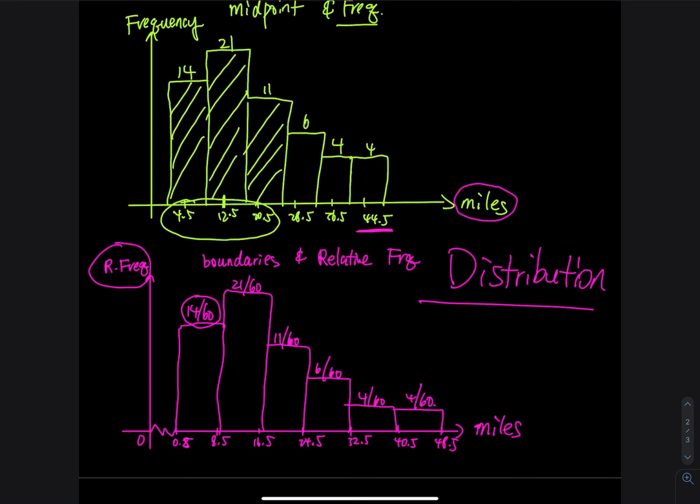Imagine that you only have a horizontal axis and a vertical axis, with no bars, no marks. Now, you toss those 60 numbers onto this blank picture, and the way they spread out looks like this.